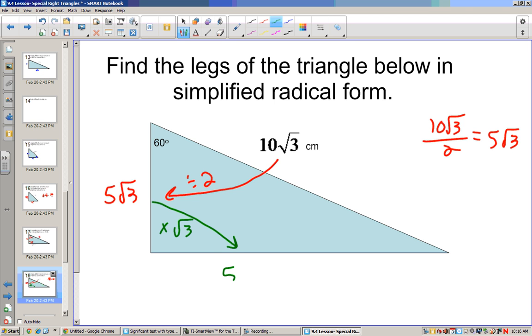So this would be 5 times the square root of 3 times the square root of 3, which would be 5 times the square root of 9. And the square root of 9 is 3, so 5 times 3 is 15. So this side length is 15. So that's a little tricky. We start with our hypotenuse, we divide by 2 to get this side, multiply by the square root of 3 to get 15.